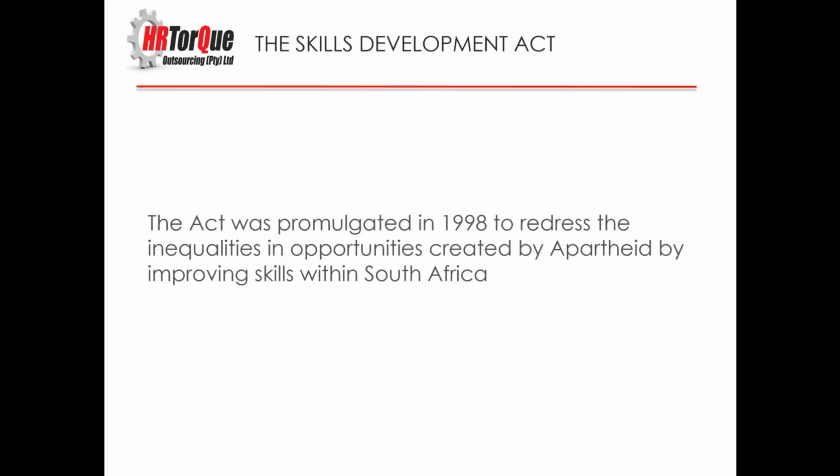So the main purpose, although a little different to obviously the Employment Equity Act, skills development was then put in place to try and upskill people and share skills within the workplace. That was the purpose of the Skills Development Act, to try and create a level playing field for people in the workplace that had not had the same opportunities as a result of apartheid.